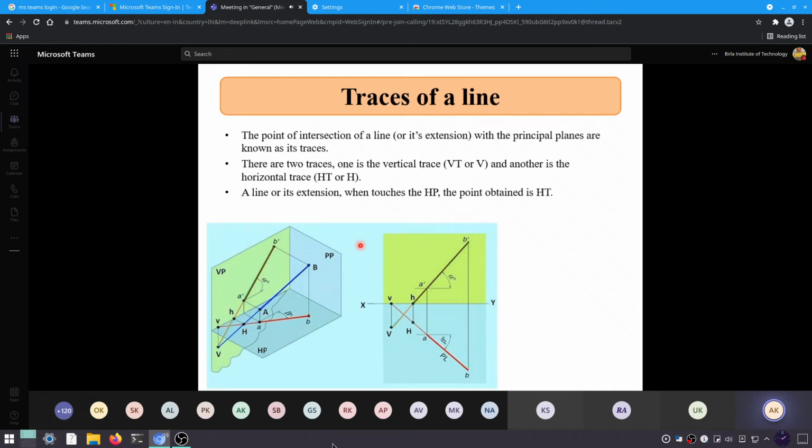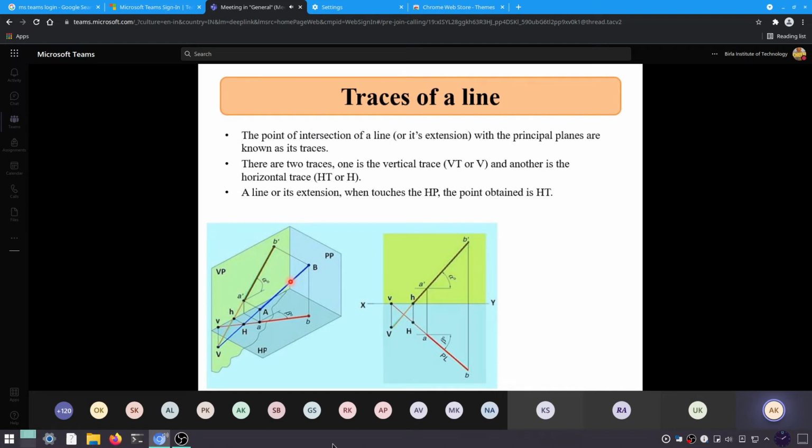Yeah. So whenever there is a line which is inclined to both the planes, and if we are going to extend that line further, at a certain point it is going to meet HP as well as VP. Okay, is this thing clear to all of you?